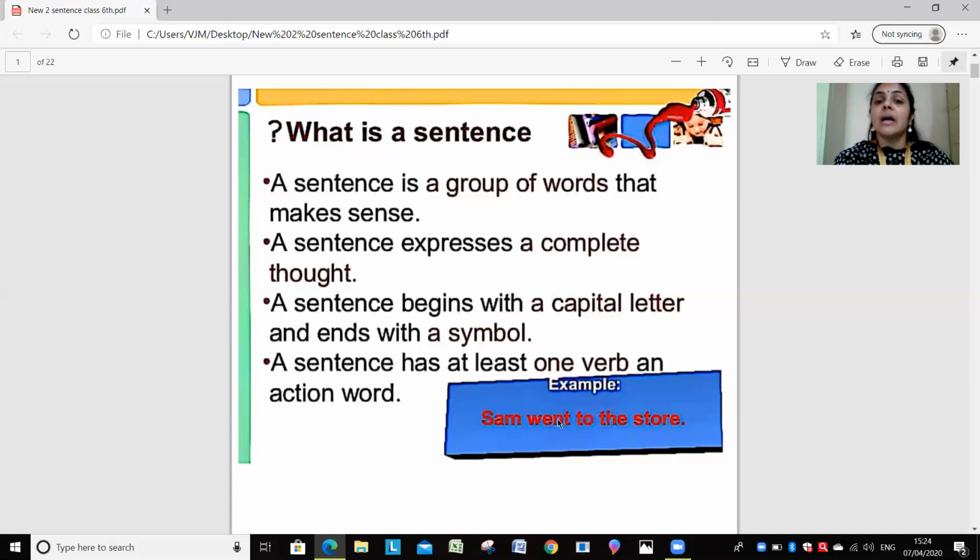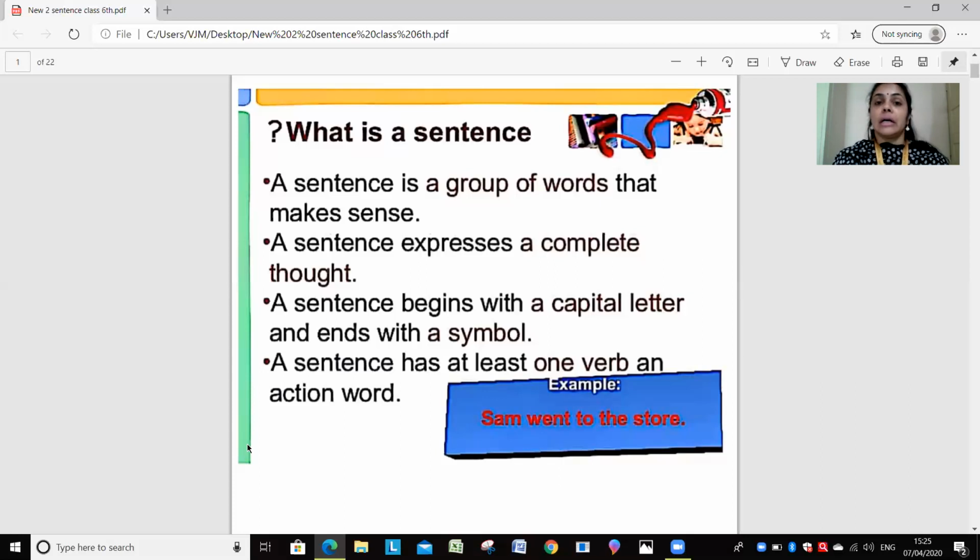And it has its verb also. So this complete group of words is conveying its meaning to us. That is why it becomes a sentence. Got it? So a sentence is a group of words which gives you a complete meaning or a complete thought or an idea. It begins with a capital letter and ends with a symbol. Right?